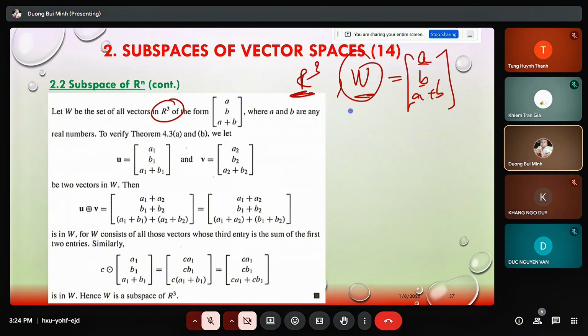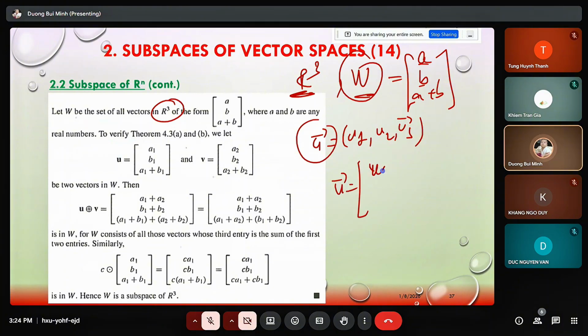So if we have vector U, you have U1, U2, and U3. I would like to write vector U as a column vector, U1, U2, and U3 like this. Okay. So this is a set. So now we define vector U as a1, b1, a1 plus b1, and vector V as a2, b2, a2 plus b2.